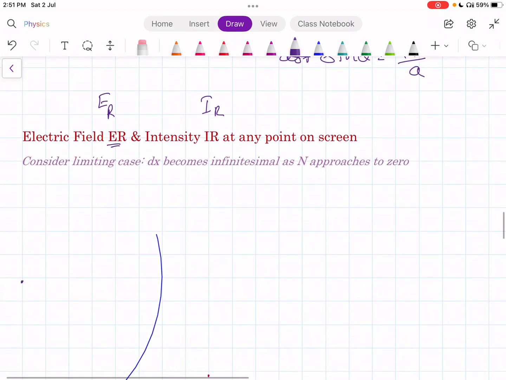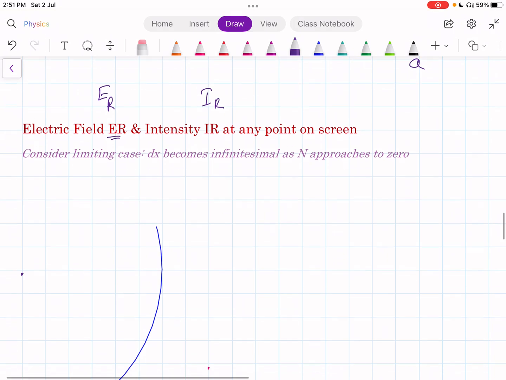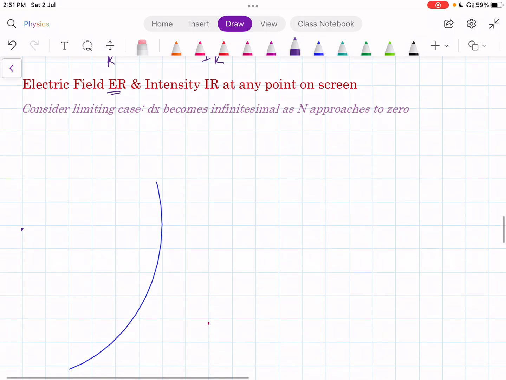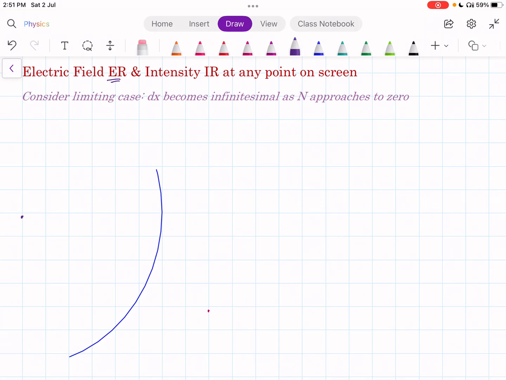And let us consider that these phasors follow an arc of a circle of radius r. There are n number of phasors on this arc, and this arc is a part of the circle of radius r.